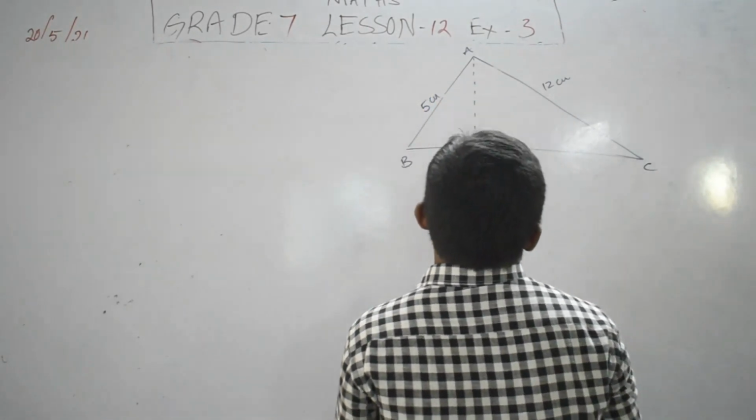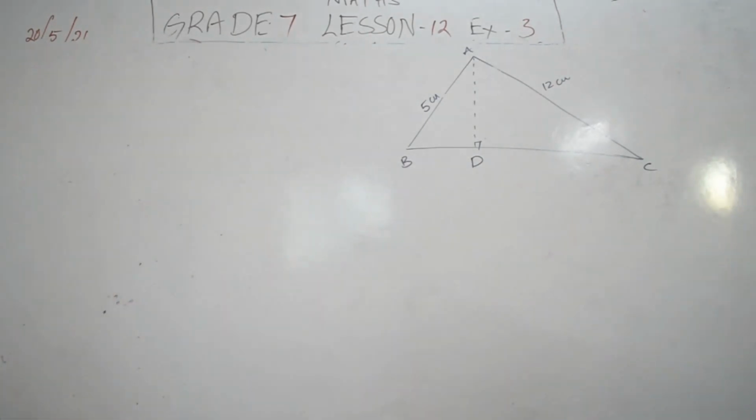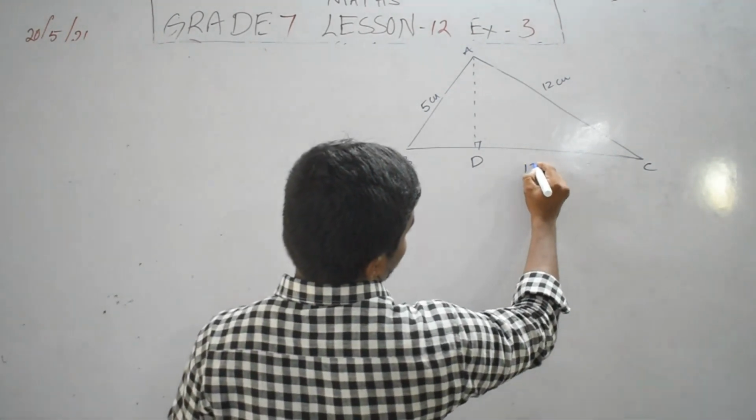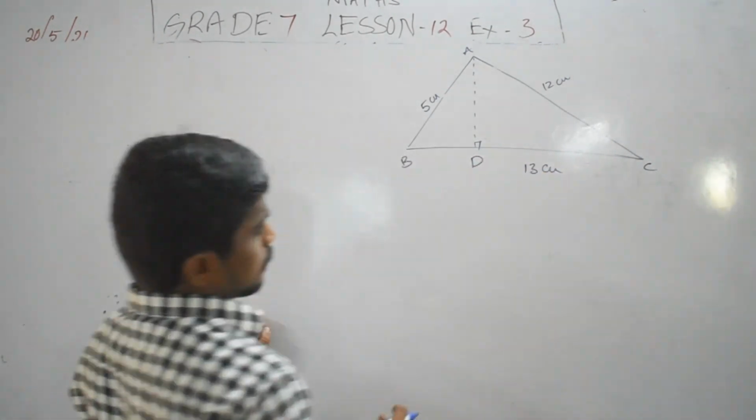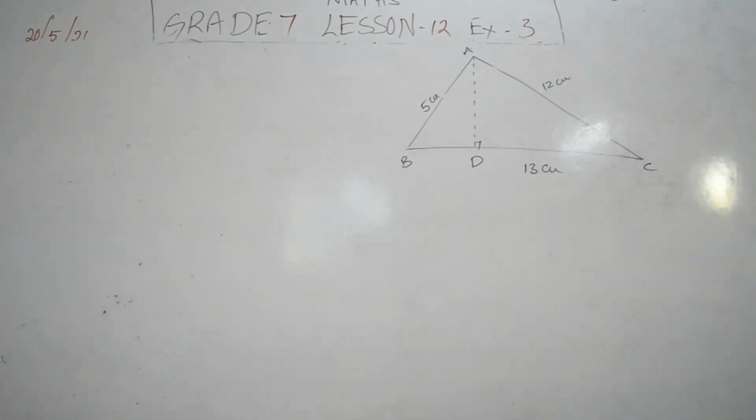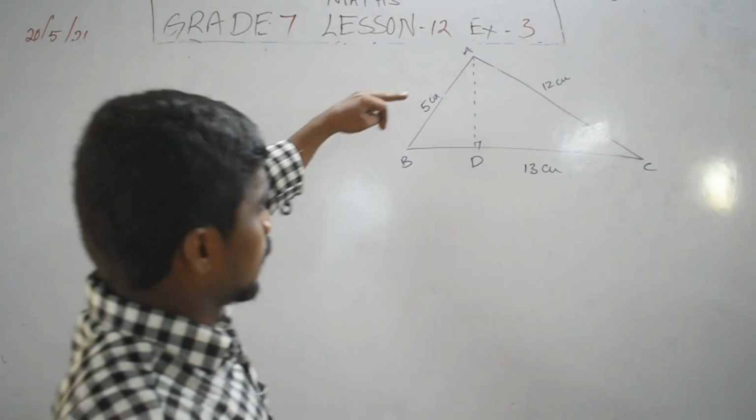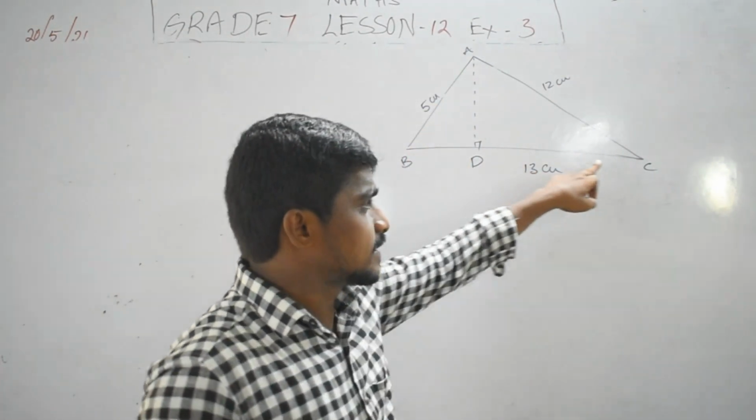Here D. Next one there, here 13 centimeters. They are asking AD is perpendicular to BC.